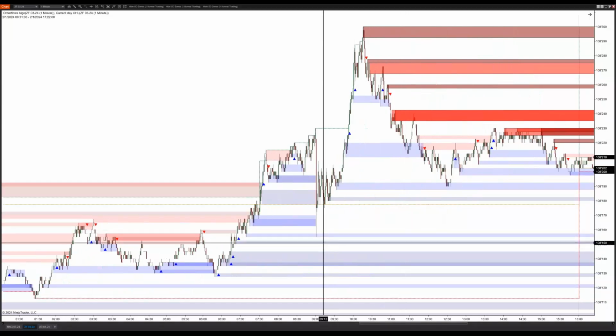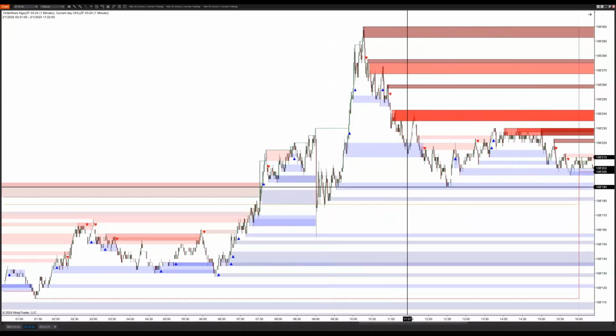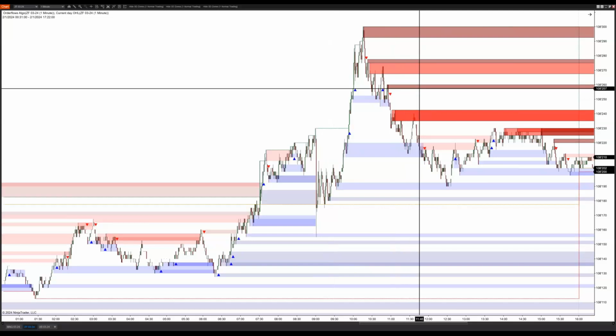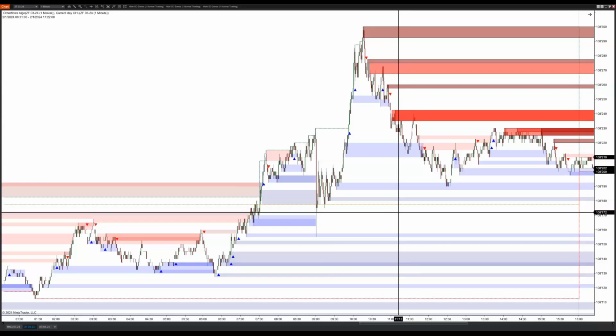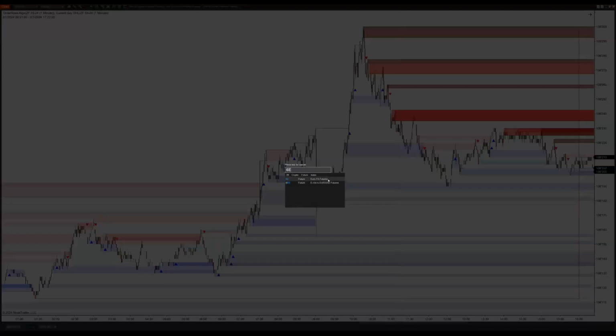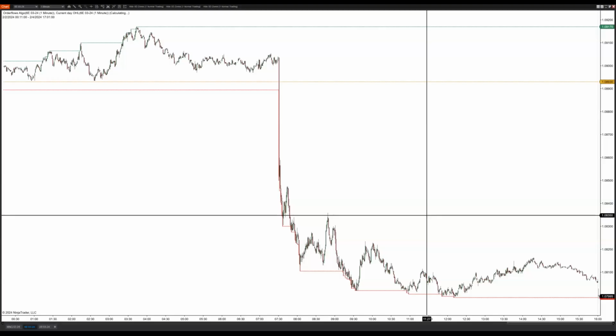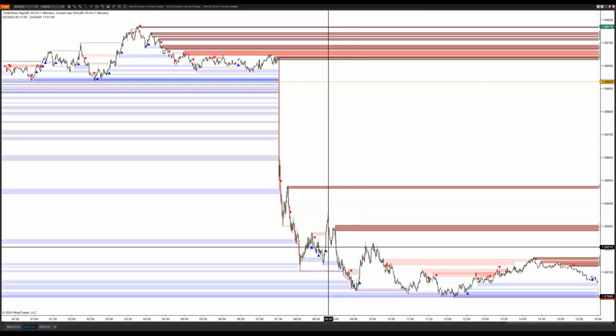Setting at 1, this zone is 1, this zone is 1, this one is 1, this one is 1, right? Which may not be the most prudent thing. If you're trading something like a euro currency and it's set at 1, again, you can get quite a bit of small signals.